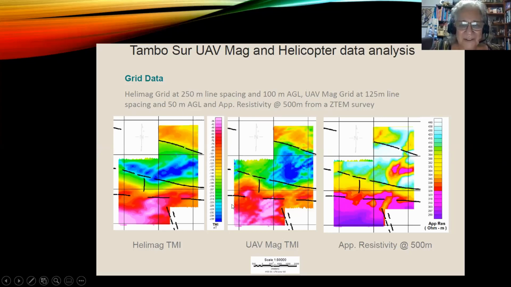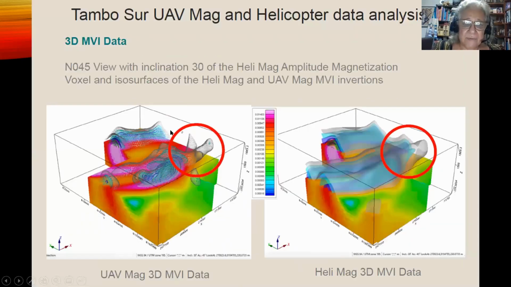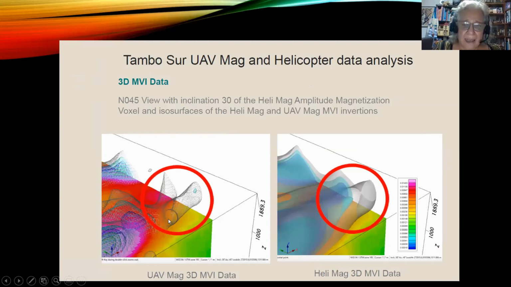And you can see that it's really good, and we could show that the results are a lot better, and we could show better resolution of the ore bodies using these techniques. Again, showing the resolution of the bodies.